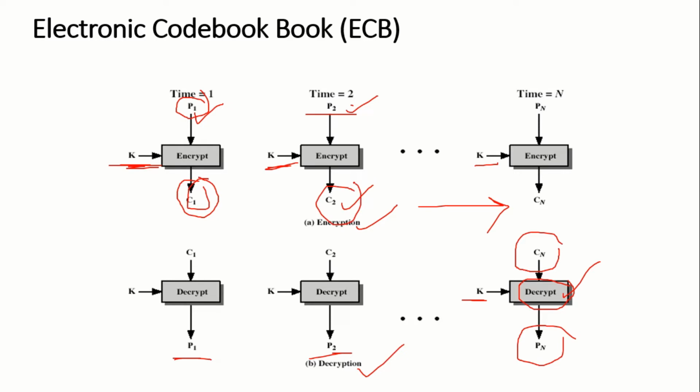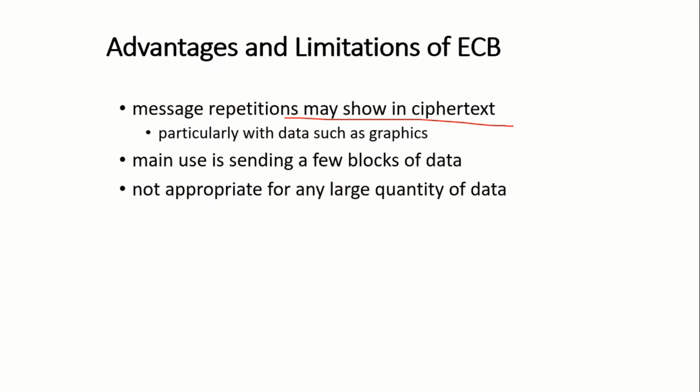So in that case the attacker could identify that for a block which the attacker has intercepted, for all similar blocks they will not need to intercept again and again. So the attacker will have the results for the same blocks in one go, right? So that is the disadvantage.